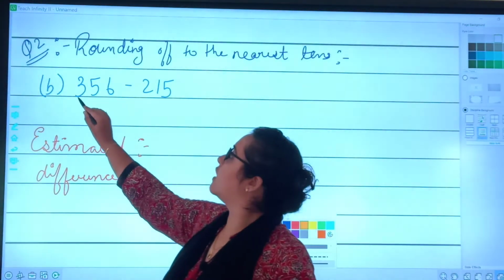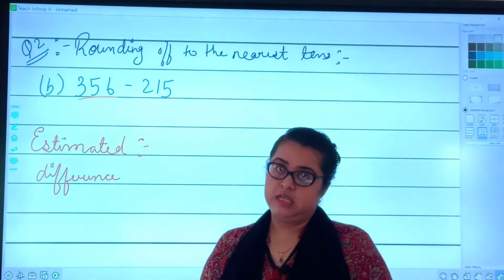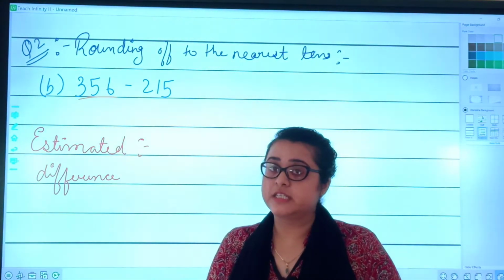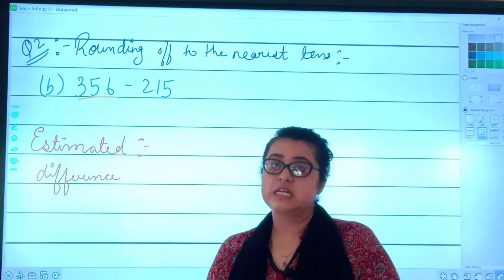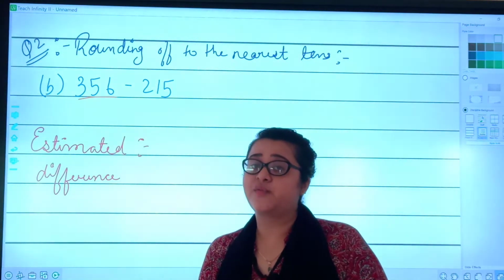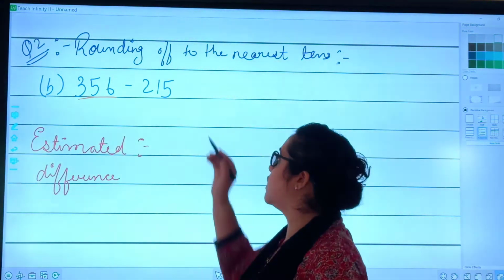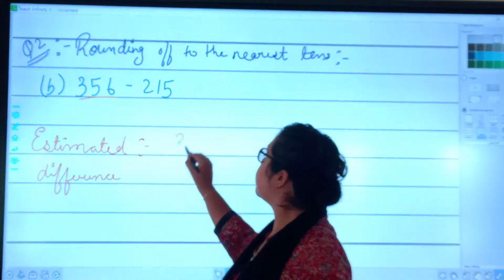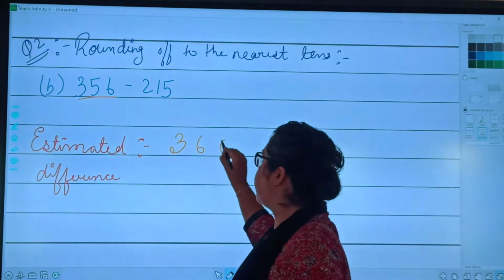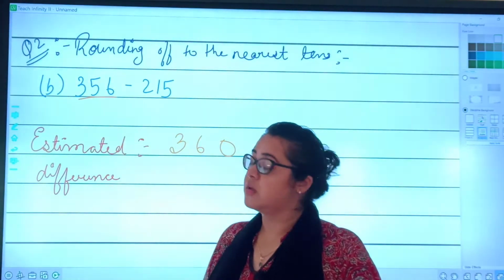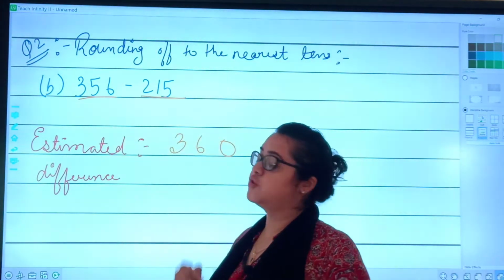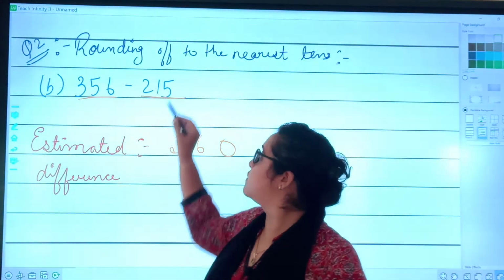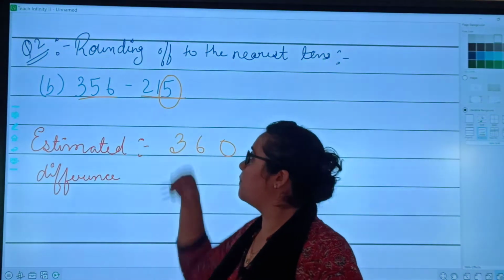See, 356. ones की प्लेस में कौन सा डिजिट है? Yes, 6. 6 is greater than 5 or less than 5? Greater than 5. So it will be rounded up to 360. Okay students. Now comes the turn of 215. Ones place 5 is there.